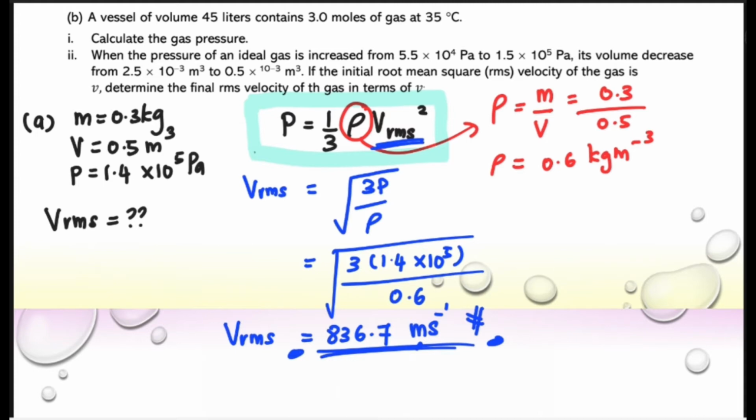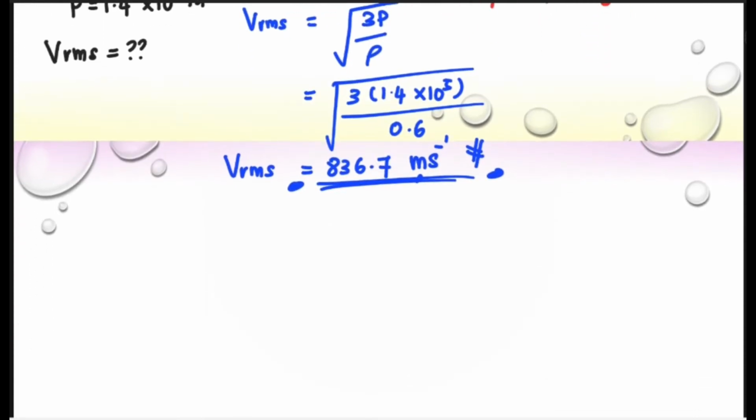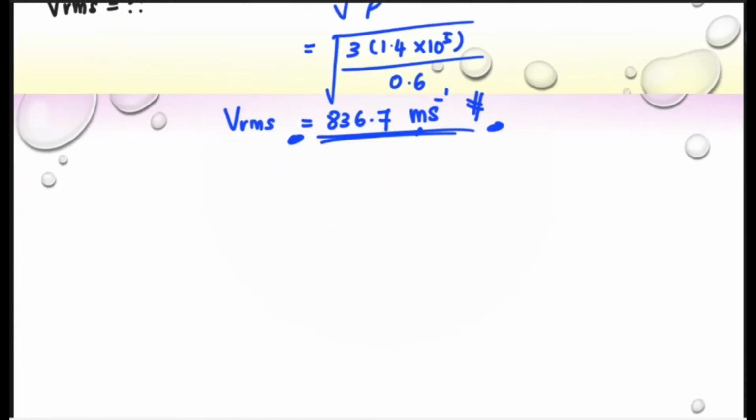This is very easy. We can use the ideal gas equation, PV equal to nRT. In this case, I will take out all the values. For B, we have the volume in liters, 45 liter, but make sure you change it to meter cube.